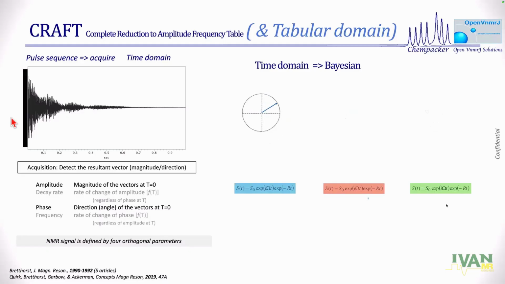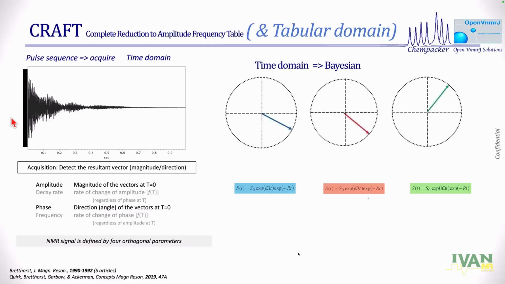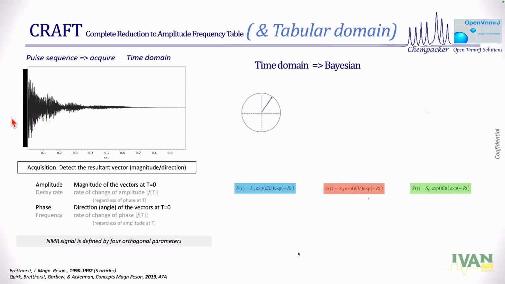So now let's talk about the tabular domain. Instead of just going straight to the frequency domain, about 34, 35 years ago, Bretthorst published a series of papers on using Bayesian analysis, essentially saying that the FID, assuming these are the three magnetizations we are talking about, is a linear combination of three exponentially decaying and precessing vectors, and that's what Bayesian analysis does extremely well.